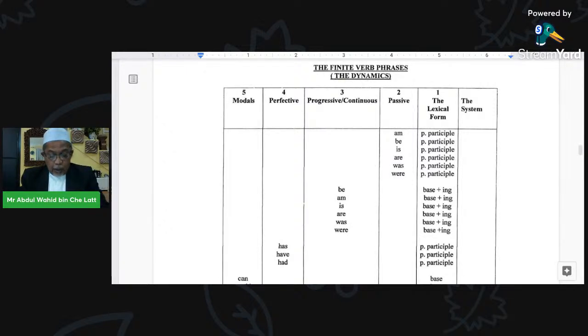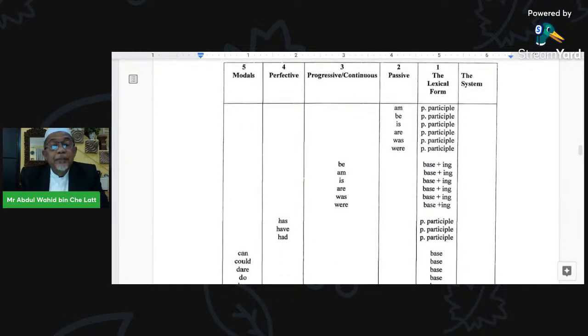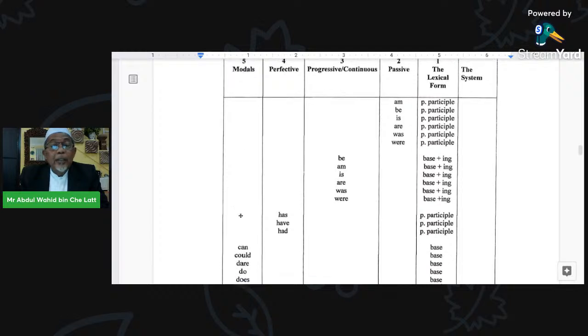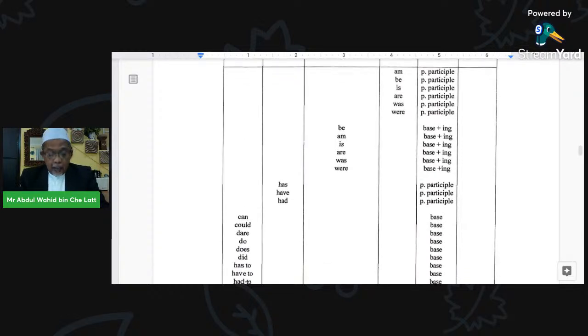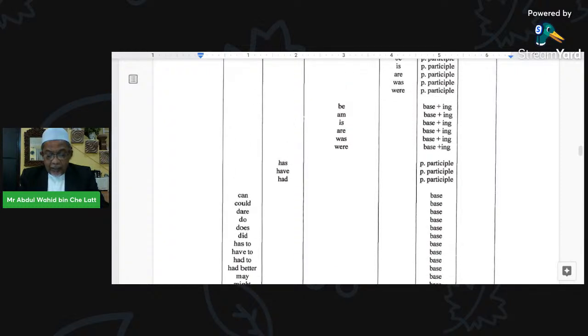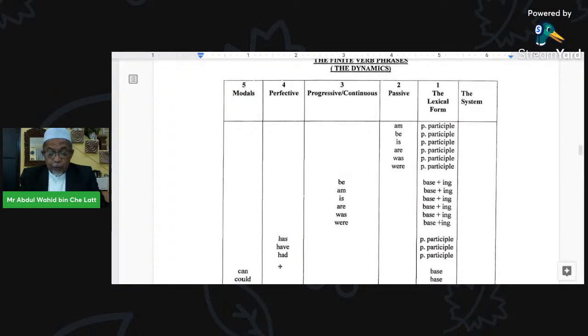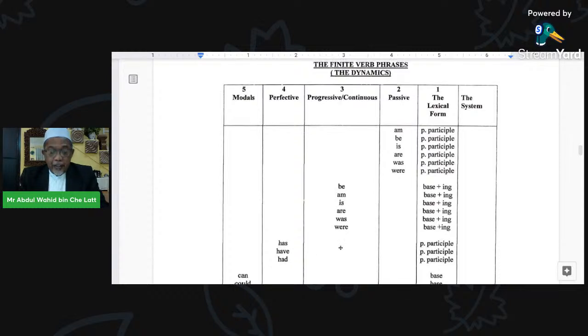In column 5, we have words in the form of modals: can, could, dare, do, etc. Column 4 consists of auxiliaries to show the concept of perspective. So we have the words has, have, and had. Column 3 consists of auxiliaries to show the concept of progressive.